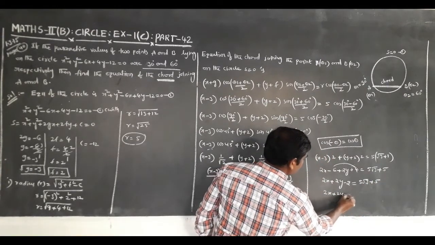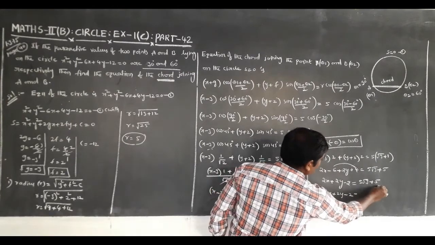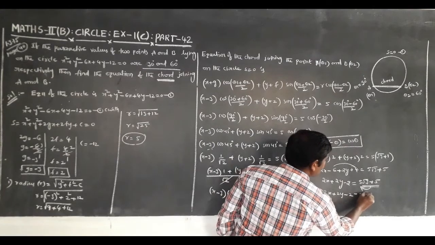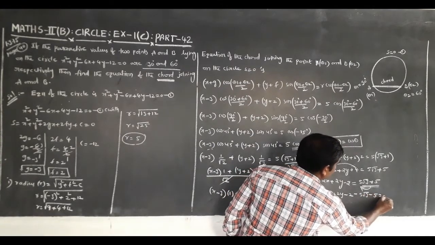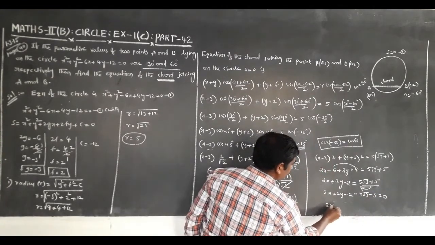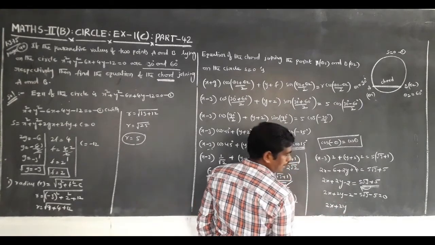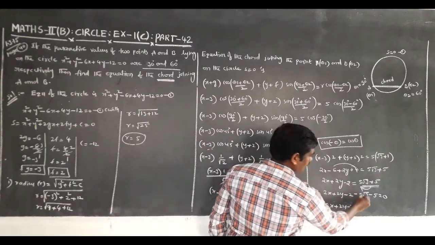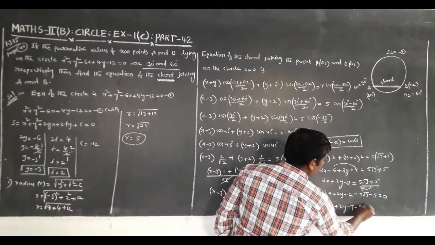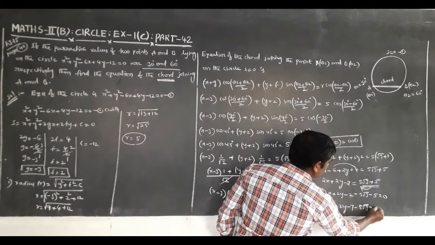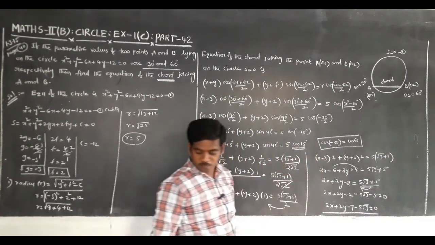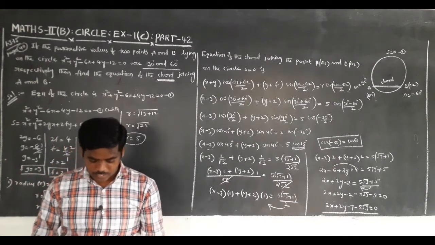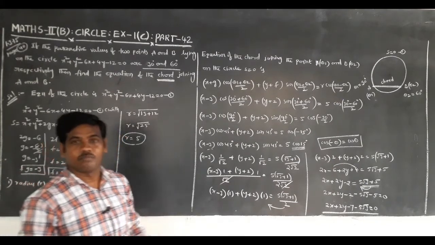Taking 5 root 3 plus 5 to the left side: 2x plus 2y minus 2 minus 5 root 3 minus 5 is equal to 0. 2x plus 2y minus 7 minus 5 root 3 is equal to 0, which is the required equation of the line.